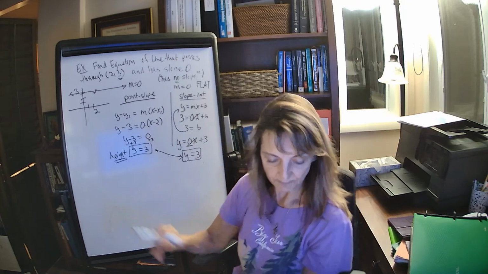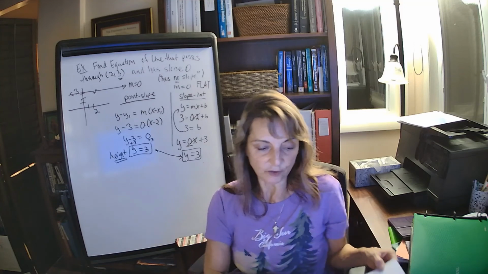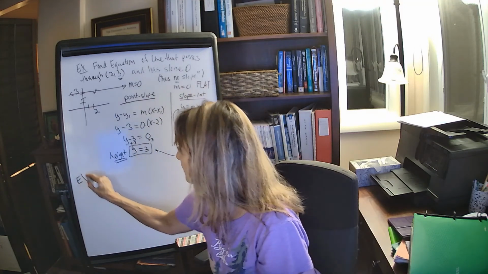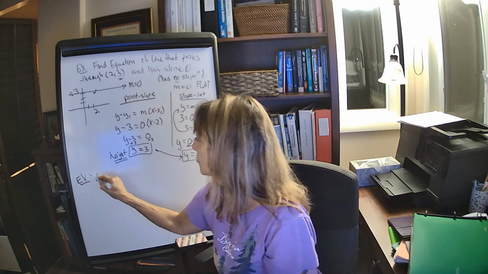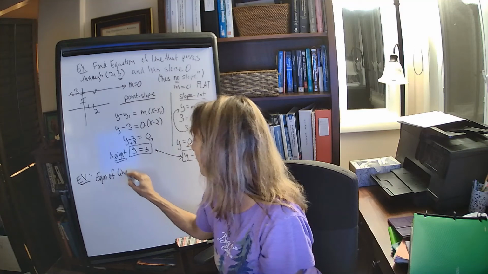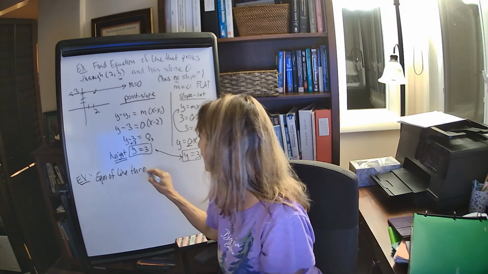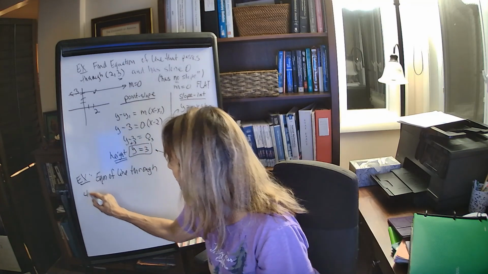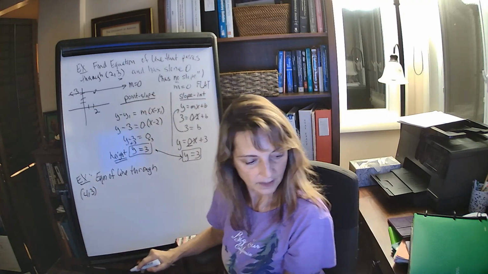All right. Now the next one I want to talk about is the vertical equation. So let's talk about another example. We want to find the equation of the line through, I think I picked (4, 3), that is vertical.